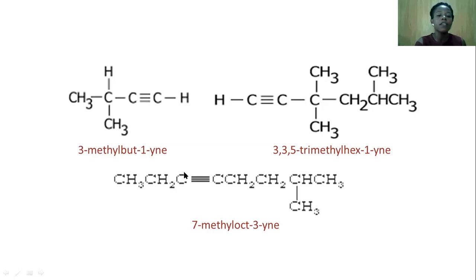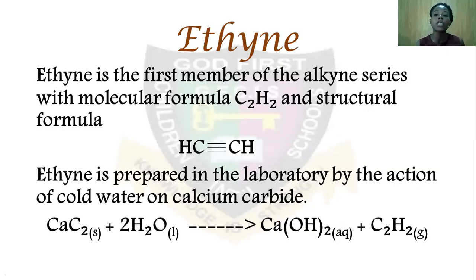So we are counting from the left-hand side, and there is a substituent on carbon 7. So the name of this compound is 7-methyl oct 3-yne. That's the name of this compound. Good. So that is the nomenclature of alkynes.